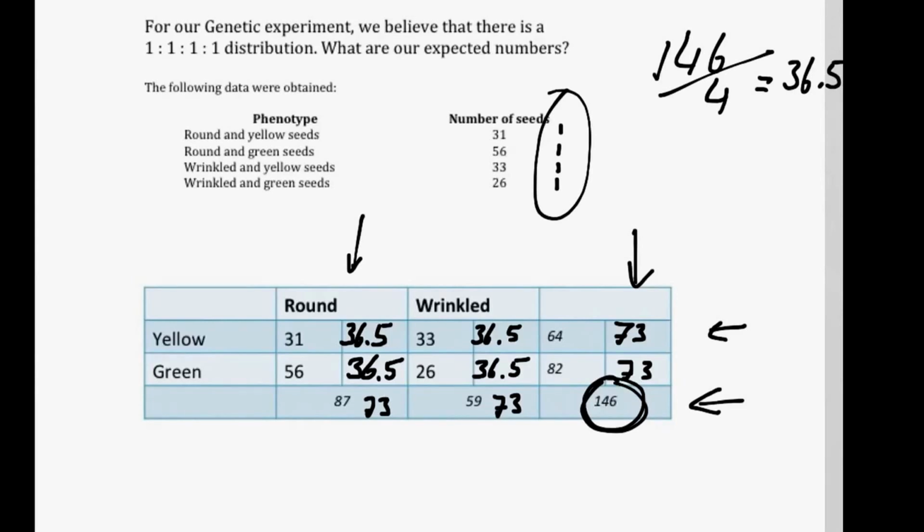So for example, if it was a 1-to-2-to-2-to-1 distribution, then we would say, okay, good, we have in total 6 different categories, so we would have 146 divided by 6. And the first marginal total would be 146 divided by 6. The second one would be 2 times 146 divided by 6, and so on and so forth.